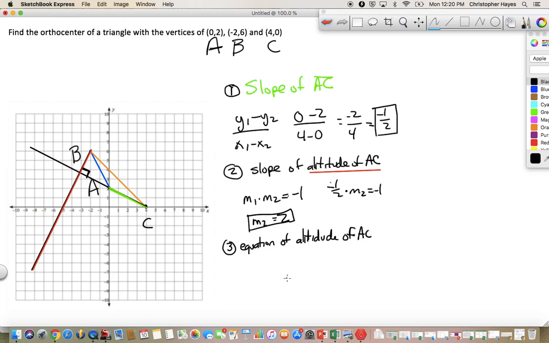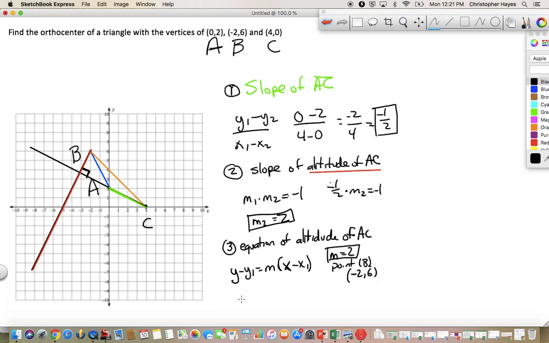Okay, so once again I need the equation, and what I know is I have the point slope format. The point slope format is y minus y1 equals my slope times x minus x1. Okay. So I know that my slope is 2, and I know a point is going to be point B, and that is at negative 2, 6.